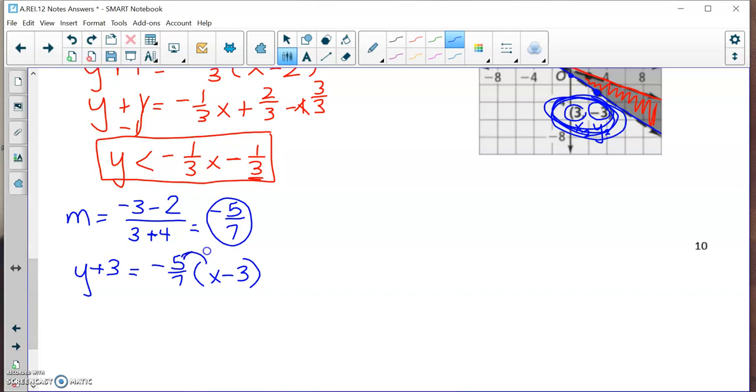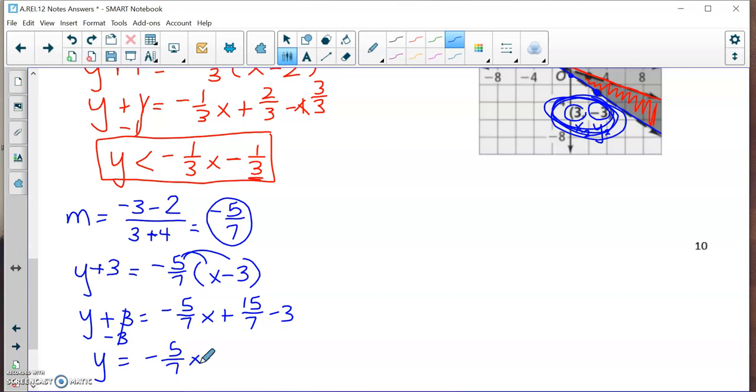Now I'm going to transform this into slope-intercept form. And I wind up with y is equal to negative 5/7 x, and then 15/7 minus 3.